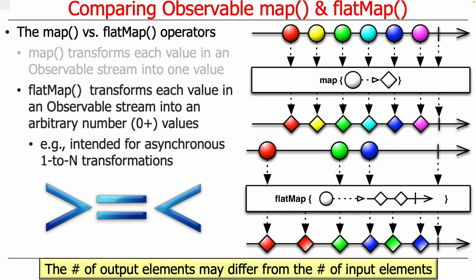FlatMap is more commonly intended for asynchronous one-to-n transformations, where something comes in and you make a bunch of things and then flatten them together. Therefore, as we talked about before, the number of output elements emitted by flatMap may be different from the number of input elements that come in, again assuming exceptions aren't thrown and so on.